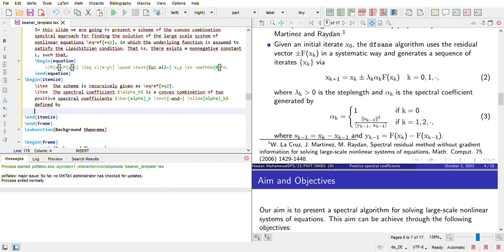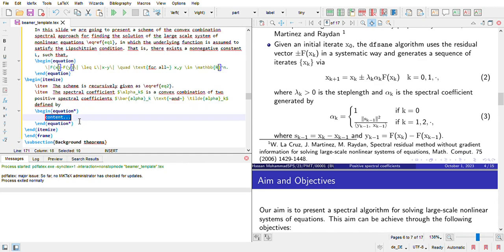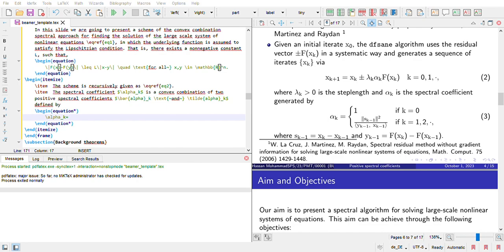The equation is alpha k equals that convex combination. Backslash begin equation. This equation I don't want to be numbered, maybe I would just say unnumbered equation, and then we say alpha k equals to... okay, well, I need it to be numbered. Let me remove the star.